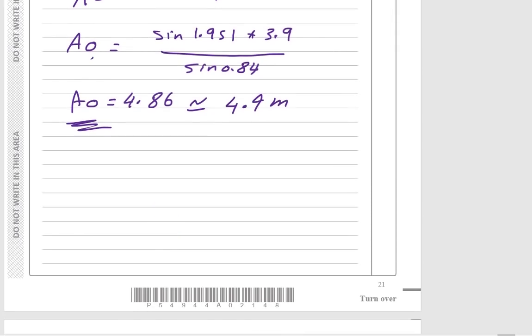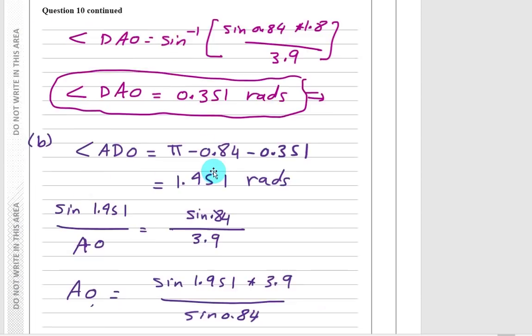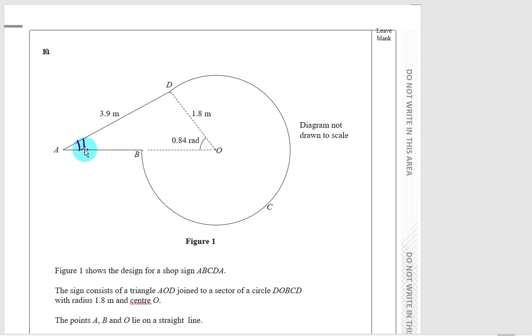So this is part C. Area of the triangle is equal to half by 1.8 by 3.9 by sine the angle that we calculated, 1.951, which is the angle between the two lines.